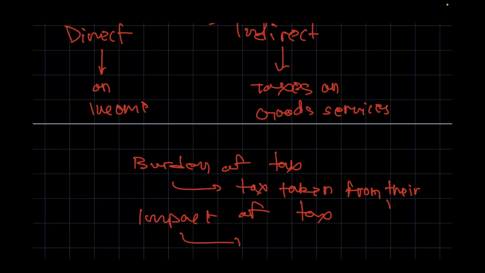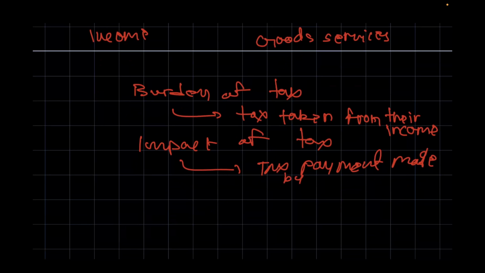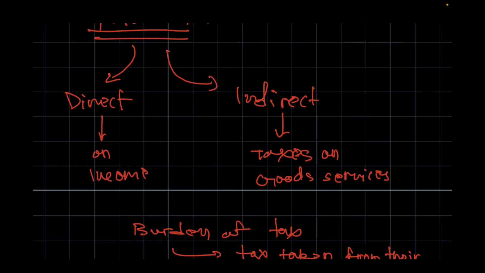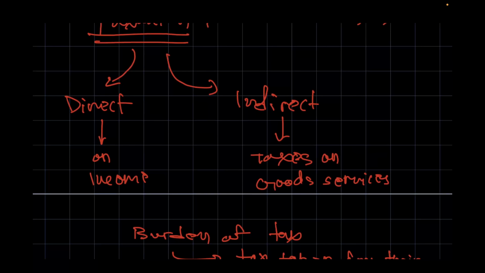So whoever has the burden of tax, it's from their income that the tax is paid, and the impact of tax essentially refers to tax payment made by this person.